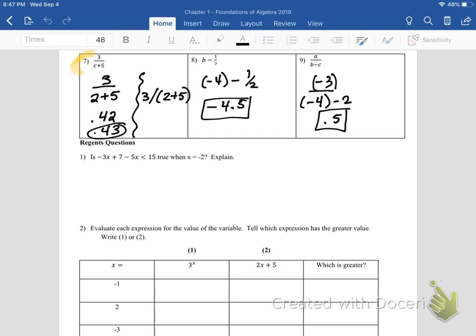Here are the final answers for that section. Now the rest are just Regents questions. They're all kind of the same thing. This is going to be independent practice, and the homework was given out to you, so you're just going to use the same process for that.